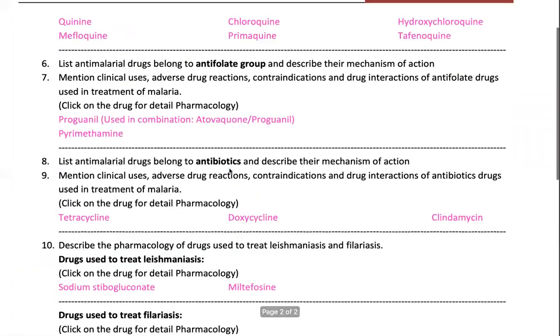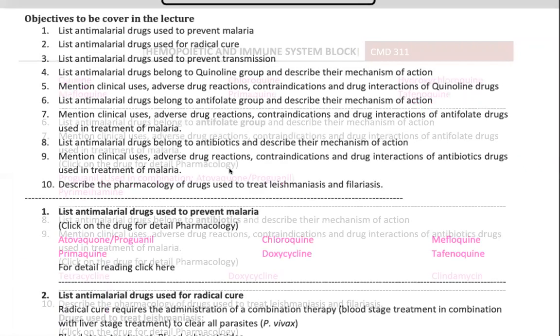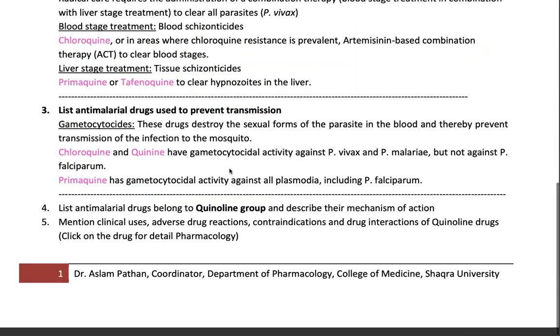Next objective, the fourth one: list the anti-malarial drugs belonging to the quinoline group and describe their mechanism of action, and mention the clinical uses, adverse drug reactions, contraindications, and drug interactions of quinoline drugs.